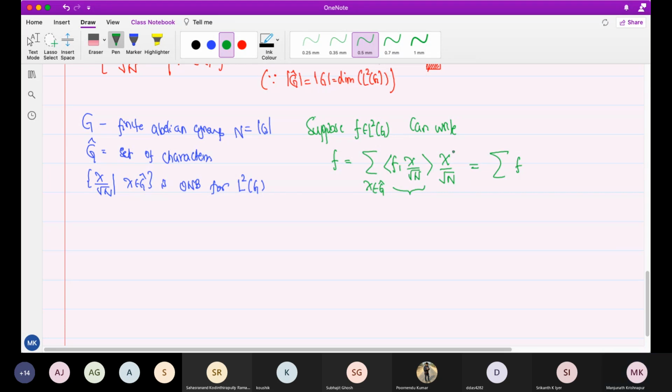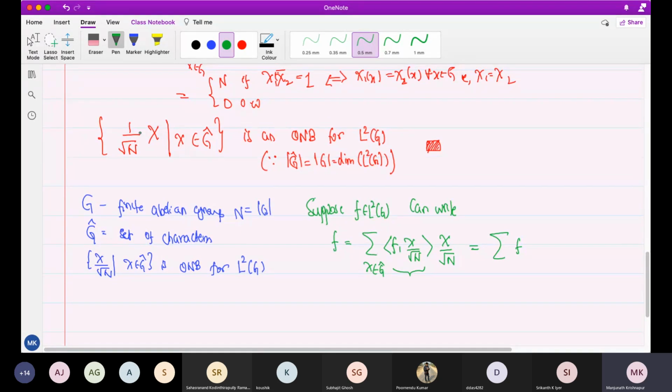G hat doesn't include the 1 by root n, only chi's. G hat consists of characters chi, which are mapped into the circle.